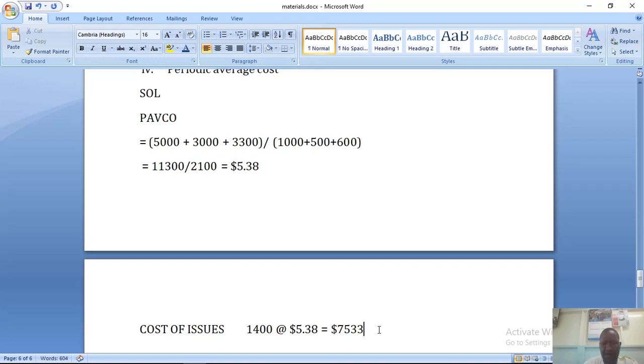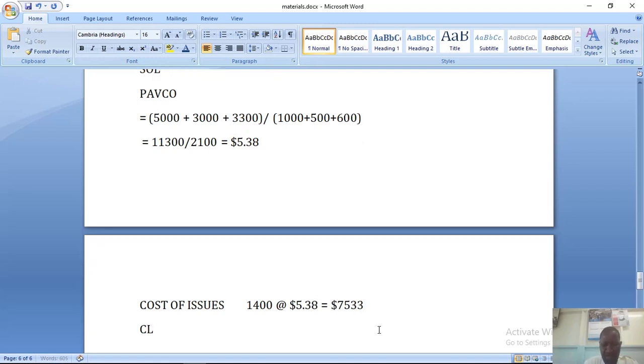What's the cost of closing inventory? Closing inventory value. How many units will be remaining after issuing 1,400? There were a total of 2,100 units. You issue 1,400 units, you should be remaining with about 700 units, and these units are valued at the same average cost, 5.38.